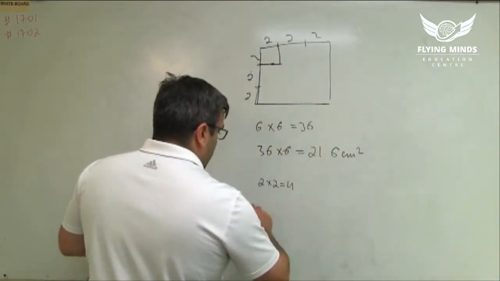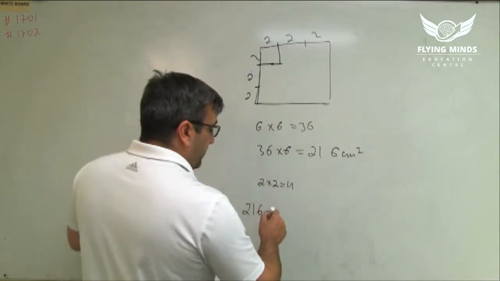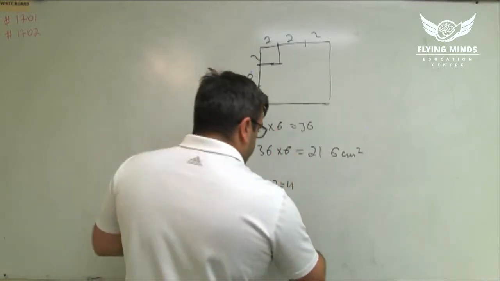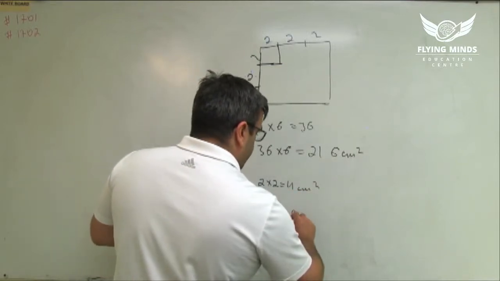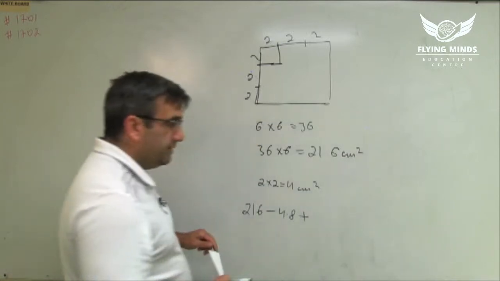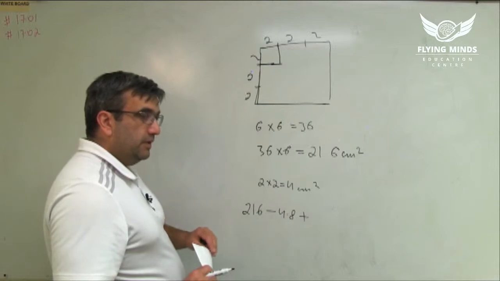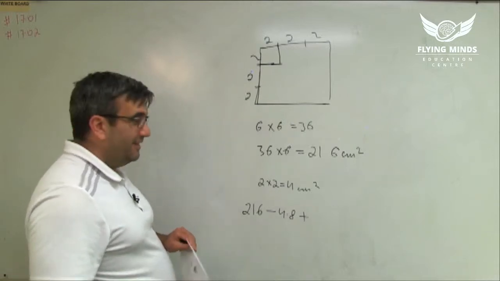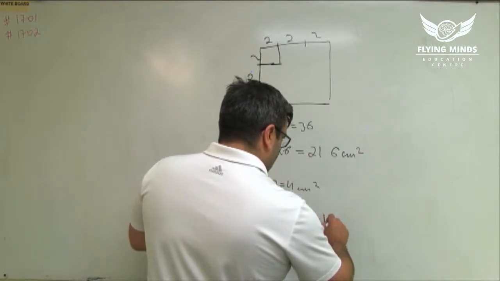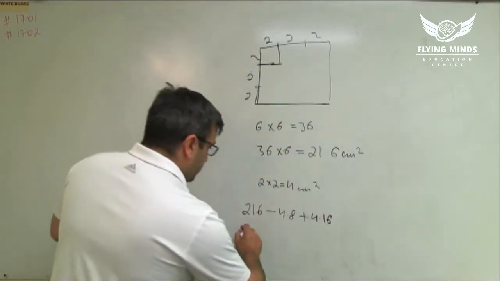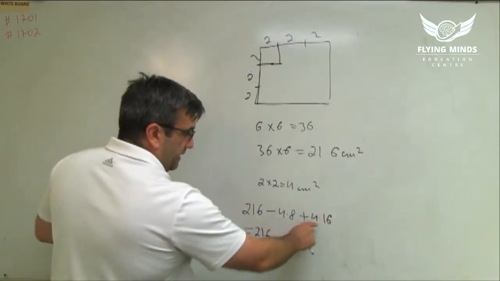So from 216 we remove 8 faces, so it's 4 times 8, and we add back 16 faces.